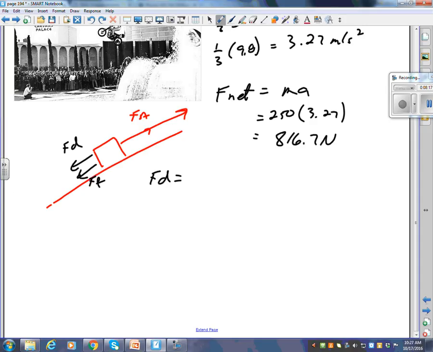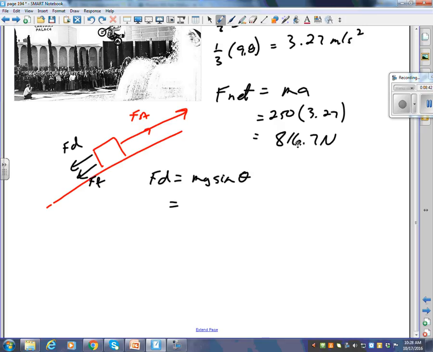FD is equal to mg sine theta. We've been working with that for a few days now. Say again? This number here? What's it supposed to be? Oh, okay. You know what I did? I took 250 times 9.8 divided by 3.